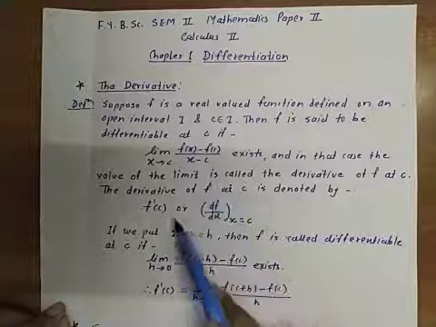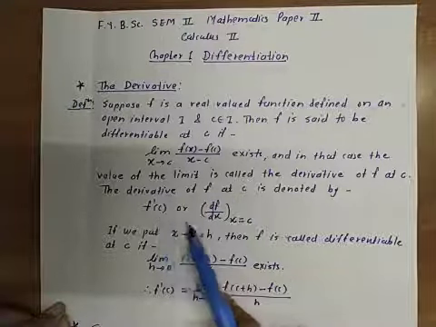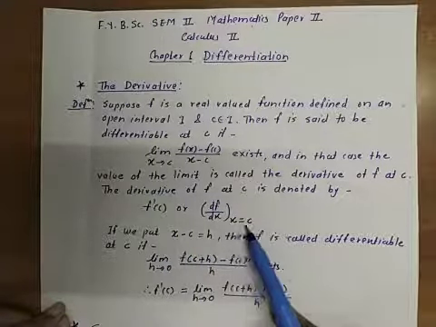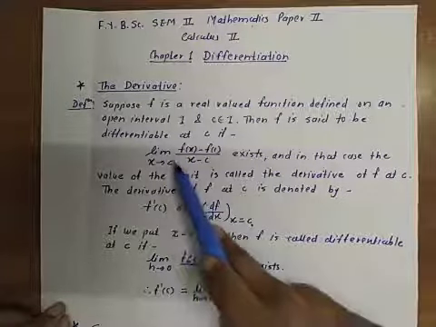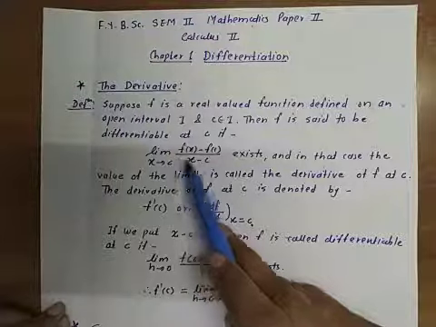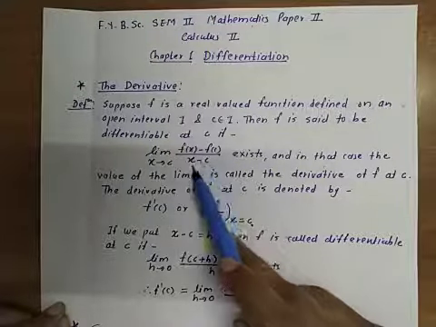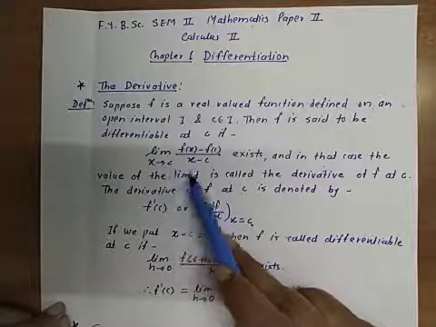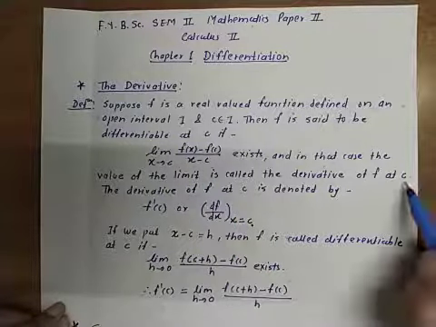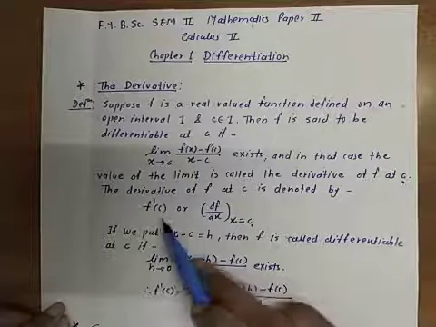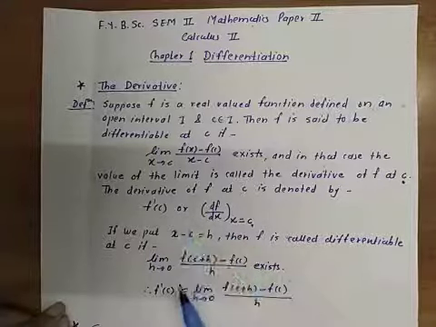We denote it by f dash of c or df by dx at x equal to c. So f dash of c is equal to, if this limit exists, the limit of f(x) minus f(c) upon x minus c as x tends to c. This is the derivative of the function at a certain point c, and these are the notations for derivative.